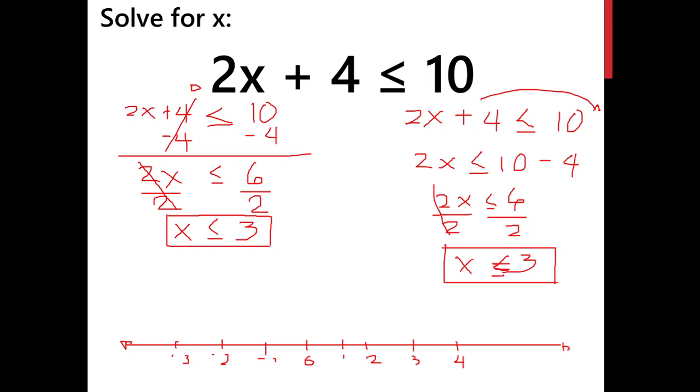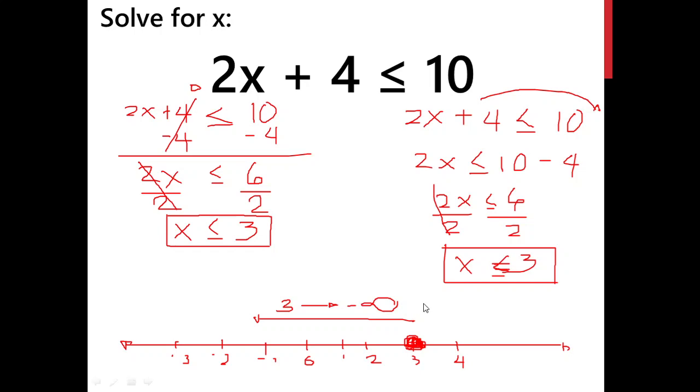Any number equal to or less than 3 are solutions. So we use the closed circle since the symbol being used is less than or equal to. Less than 3, so that's going to the left. So from 3 going to the negative infinity are solutions to our inequality statement.